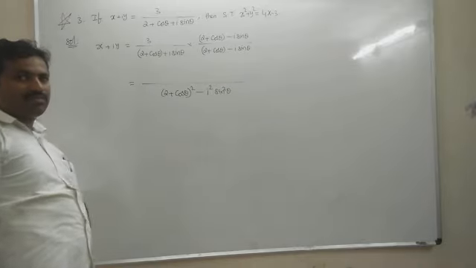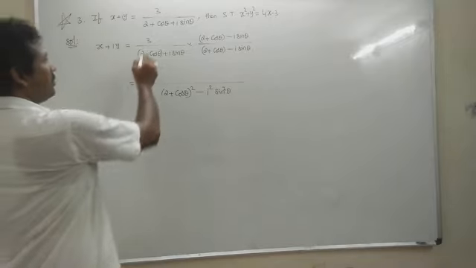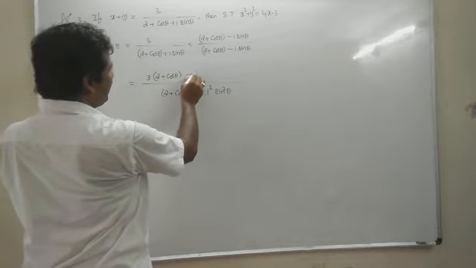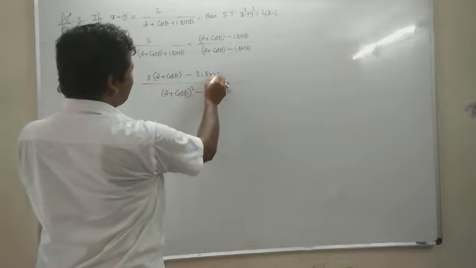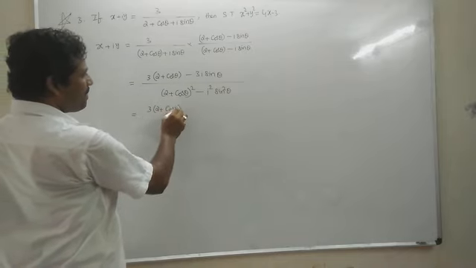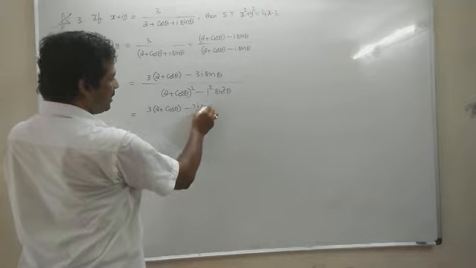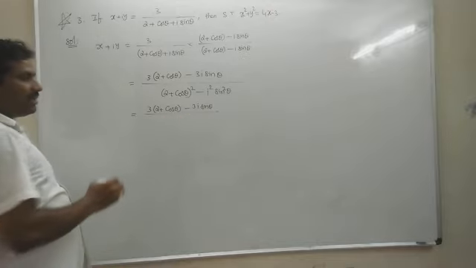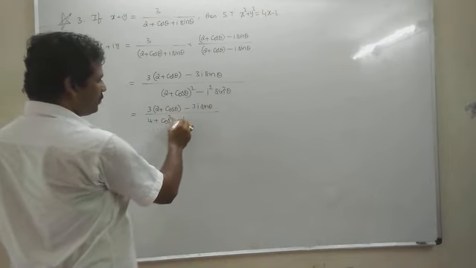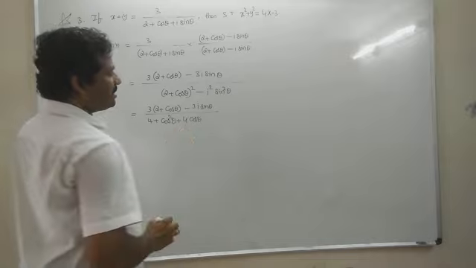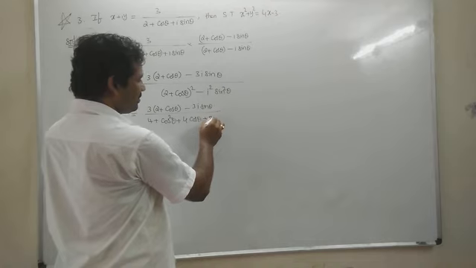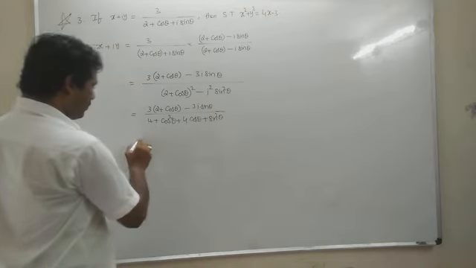Now multiply with 3 into 2 plus cos theta minus 3i sin theta, that is equal to 3 into 2 plus cos theta minus 3i sin theta by 4 plus cos square theta plus 4 cos theta. See this, i square is minus 1, so plus sin square theta.